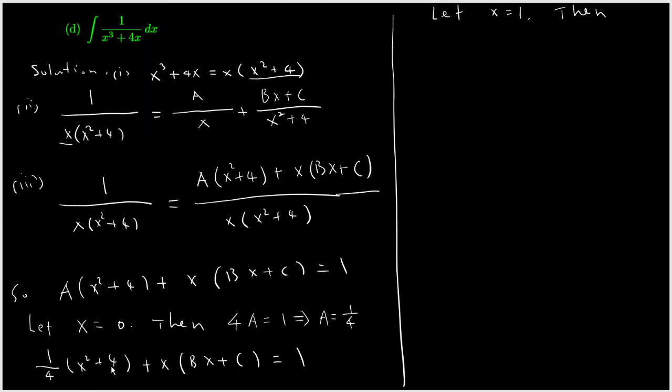That makes sense, 1 squared is 1. 5/4, and then plus x, which is 1, times bx plus c, which becomes b plus c, equals 1, right? From here you have b plus c equals negative 1/4. 1 minus 5/4, I think you have negative 1/4.